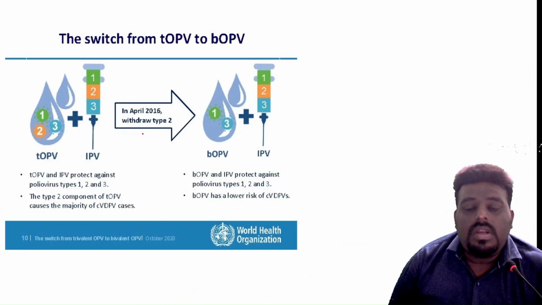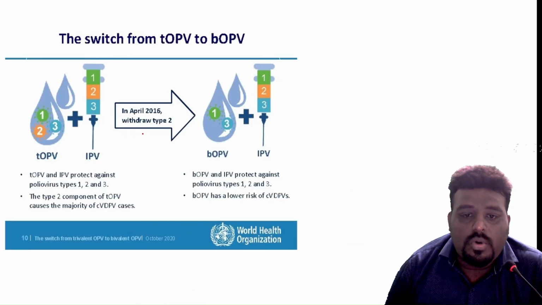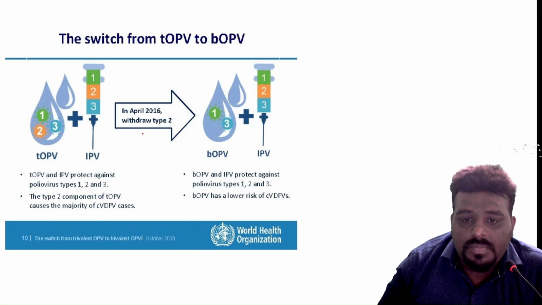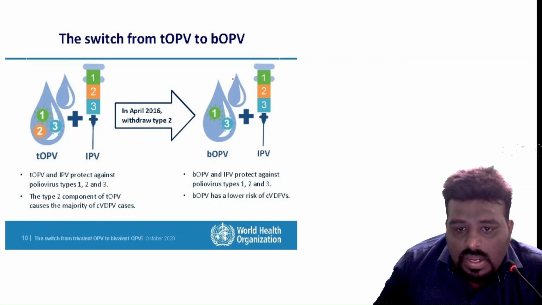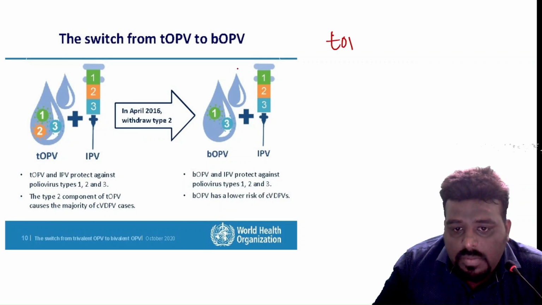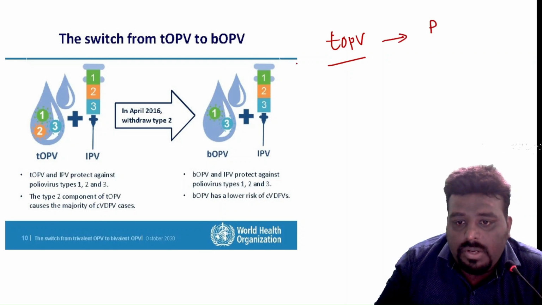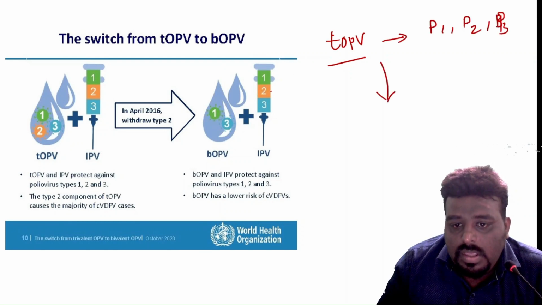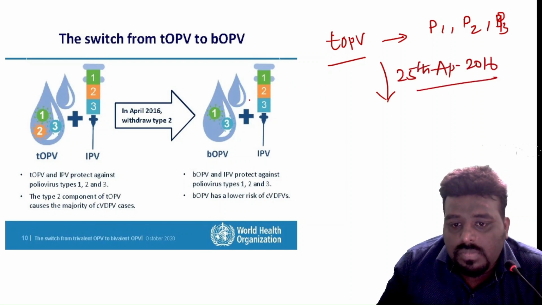As I said, India was declared polio free in 2014. Initially there was trivalent OPV with P1, P2 and P3 strains. On 25th April 2016, we shifted to bivalent OPV.